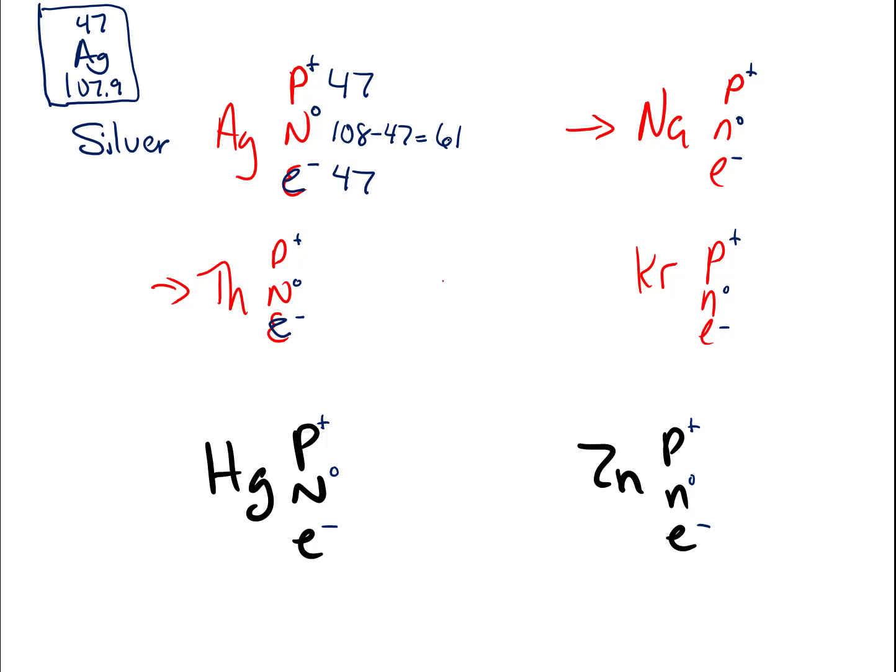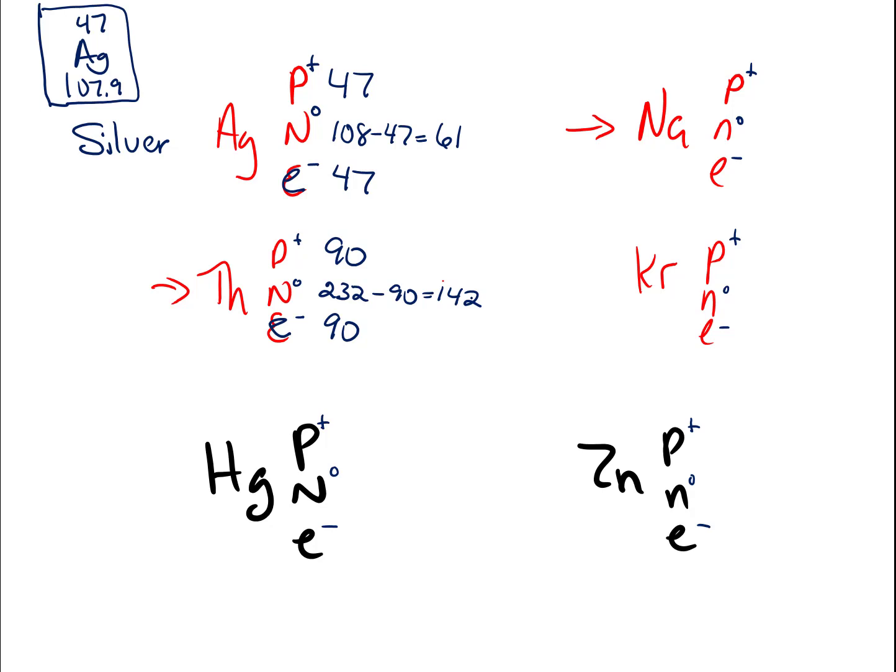It's the very bottom row, all the way on the far left. So I know that I have 90 protons because its atomic number is 90, which means it also has 90 electrons. And then to find the number of neutrons, I take 232 and subtract 90. That gives me 142 neutrons. Pretty big compared to hydrogen and carbon.